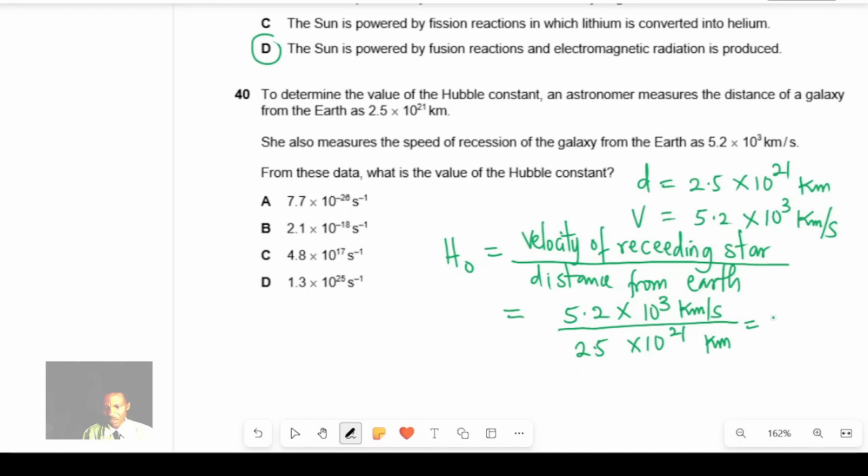This is going to give us 2.08 times 10 to the power -18 per second. So the answer is B.